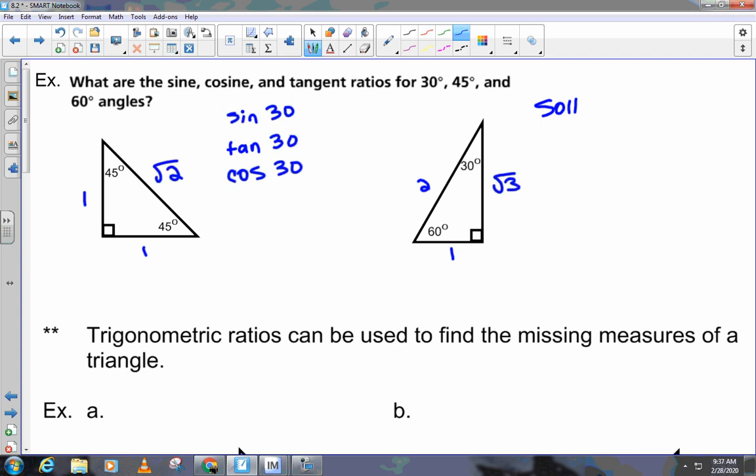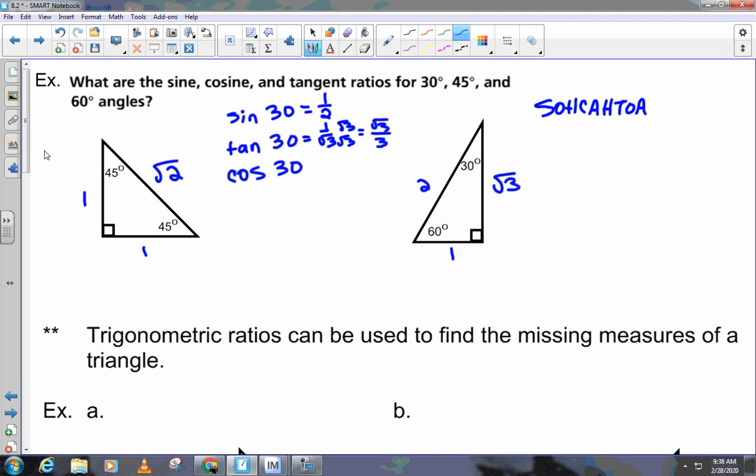Remember SOHCAHTOA. Okay. So the sine of 30 would be 1 over 2. Okay? What would the tangent of 30 be? It'd be 1 over radical 3. Okay? But I can't have a radical in the denominator, right? Okay? So I have to rationalize it. And I end up with radical 3 over 3.